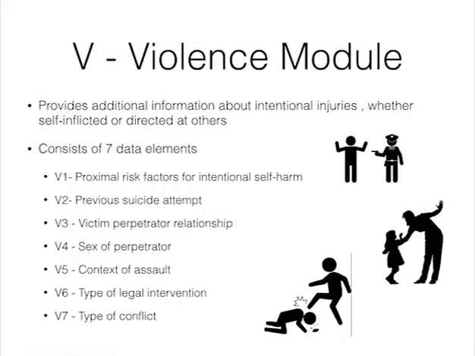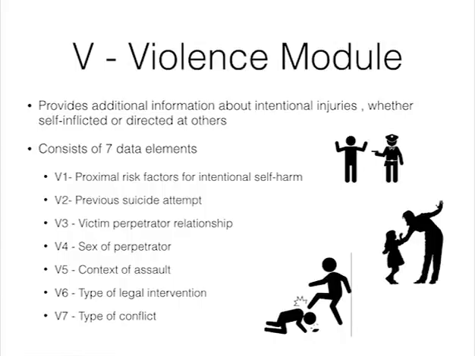V5 or context of assault is the circumstances or reasons surrounding the violent injury event, such as an altercation, drug-related, gang-related, or sexual assault. V6 or legal intervention includes physical or other forces used by law enforcing agents, including military on duty, in the course of arresting or attempting to arrest lawbreakers, suppressing disturbances, maintaining order, and other legal action.